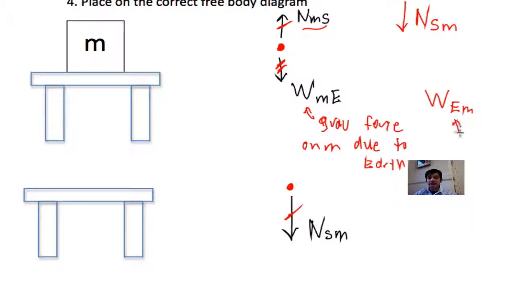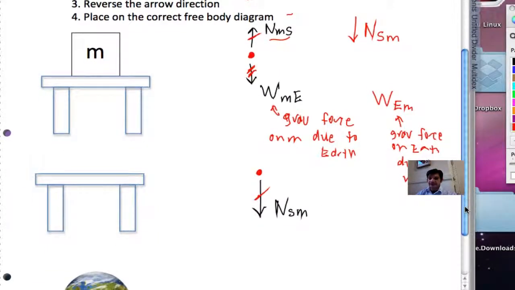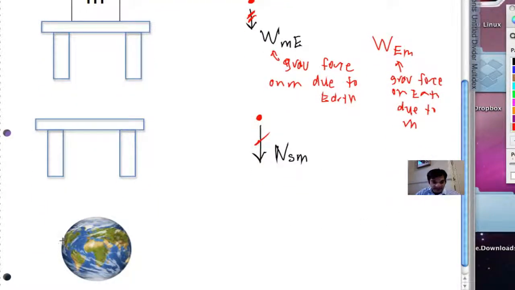So W on E due to M must be the gravitational force on Earth due to M. So gravitational force on M due to Earth, and this is the gravitational force on Earth due to M. In other words, what I'm literally saying is that this mass, we'll pretend we're in California, we have a table in California, is literally applying an invisible gravitational force to the Earth that pulls up on it invisibly.